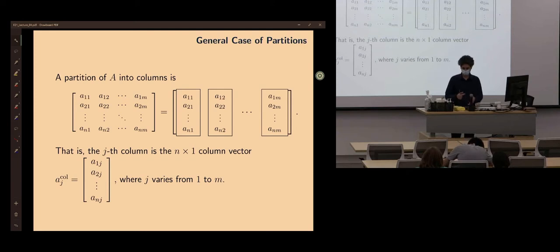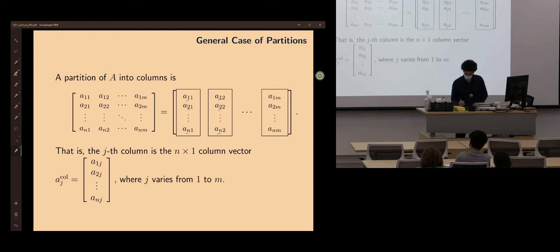Similar to the last case, this time, because we partitioned the matrix into columns, the row index is fixed. It's always 1, 2, 3, up to n. And that's true for all columns of our matrix here.